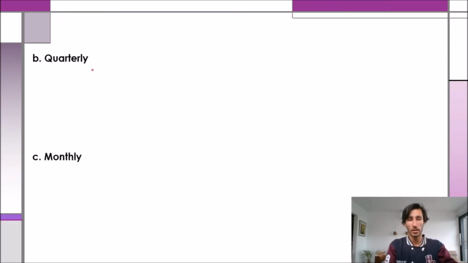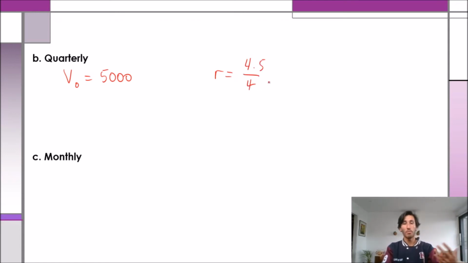What about quarterly? This is where things are a little different. Our V0 is still the same, it's still 5,000, but we need to calculate a value of R that's a little different, because little r is now 4.5 divided by 4, because we're now compounding quarterly. So 4.5 divided by 4 is equal to 1.125.